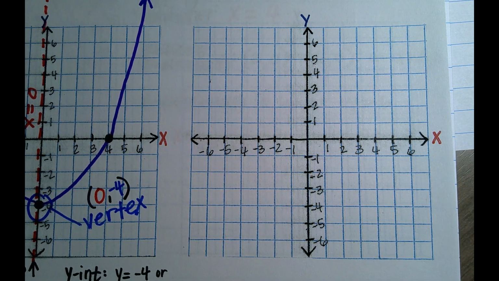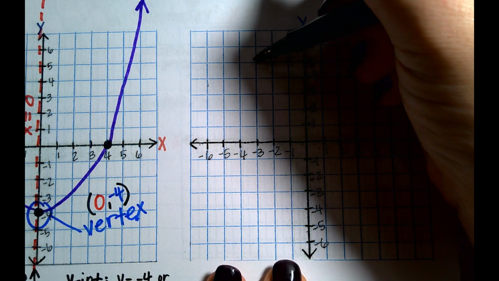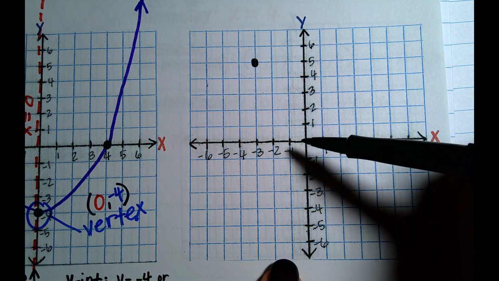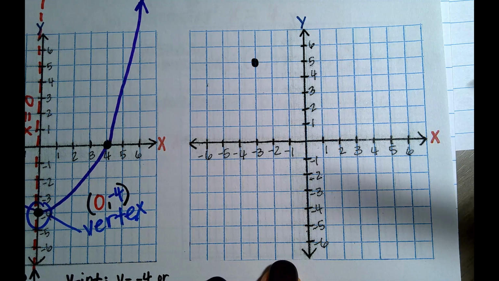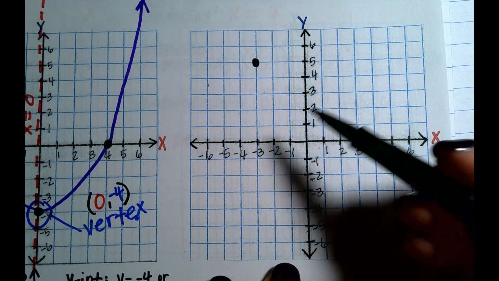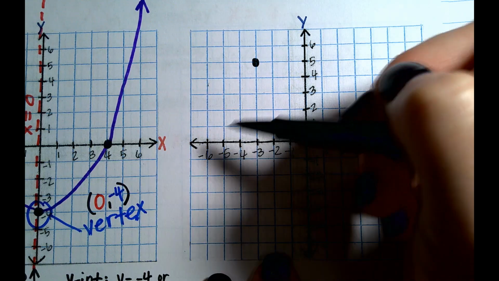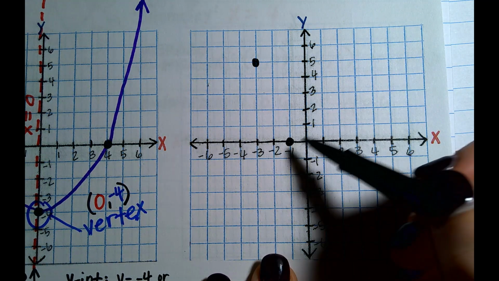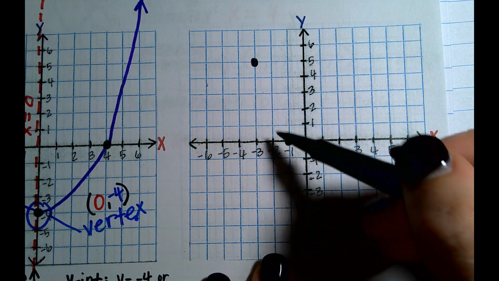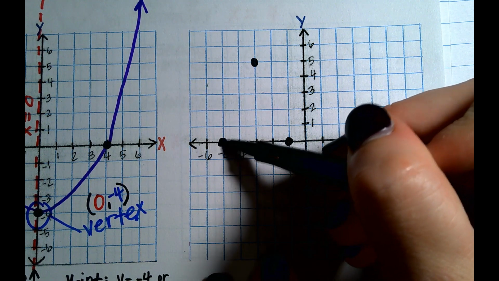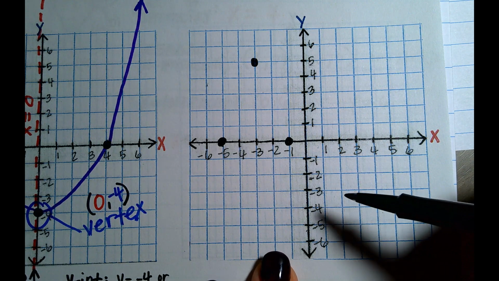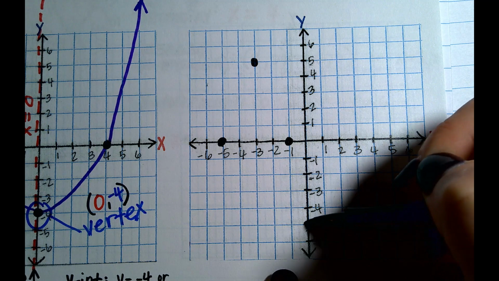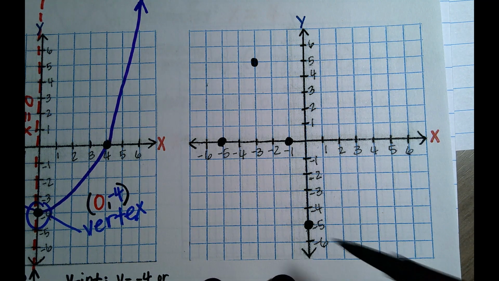Another one. This time we're going to put a point up here at -3, 5. And another one here at -1, 0. One here at -5, 0. And then one here at 0, -5.